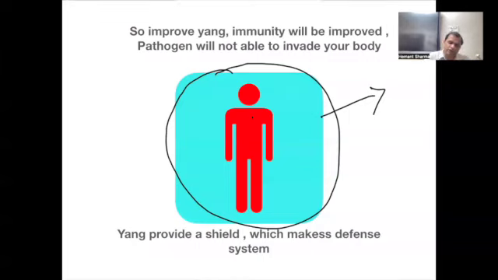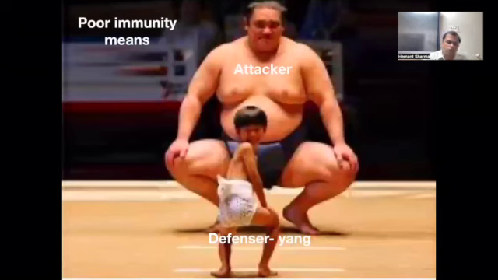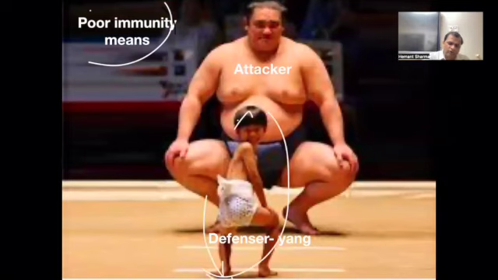So if we talk about the immunity, immunity means the outer defense system. So what is the meaning of poor immunity? The meaning of poor immunity is that your condition is like this small kid and you want to fight with this big attacker. So this is the meaning of poor immunity.